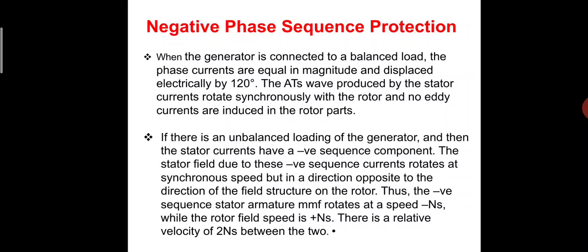Thus, the negative sequence stator armature MMF rotates at speed negative ns, while the rotor field speed is positive synchronous speed. There is a relative velocity of 2ns between the two.